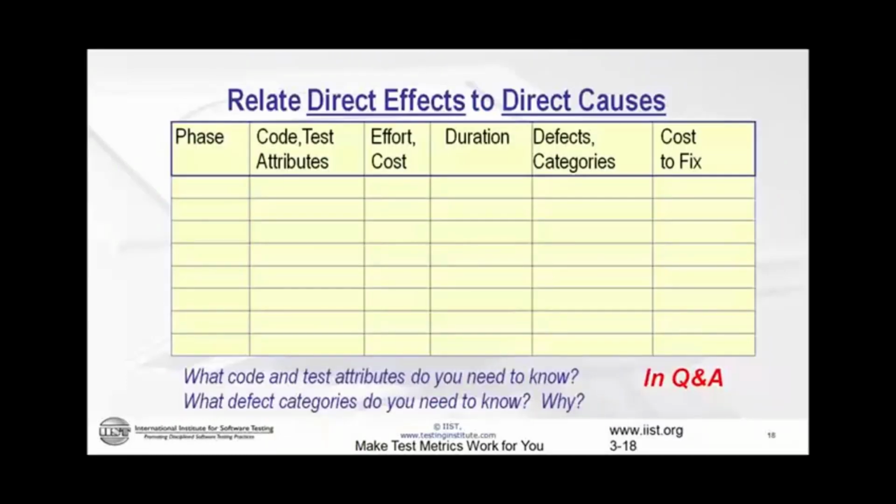So some of the things that we probably want to be attentive to are the phase of development in which something is occurring. Now, our friends in the agile world will say, well, we don't have phases.